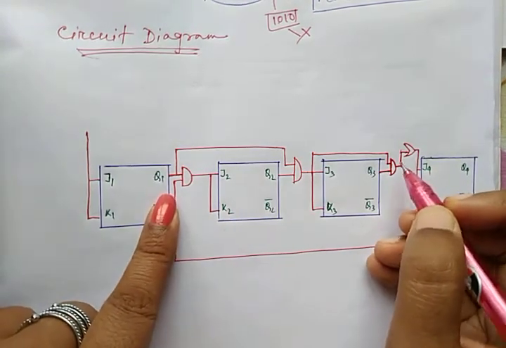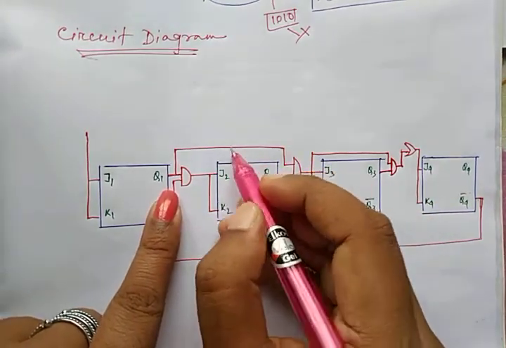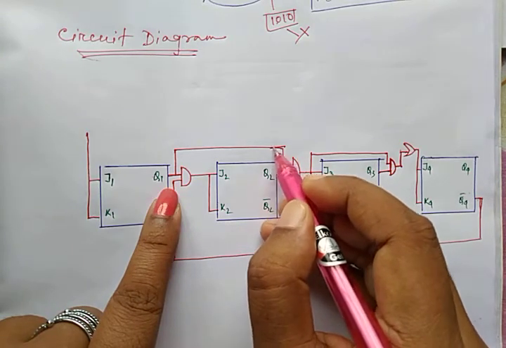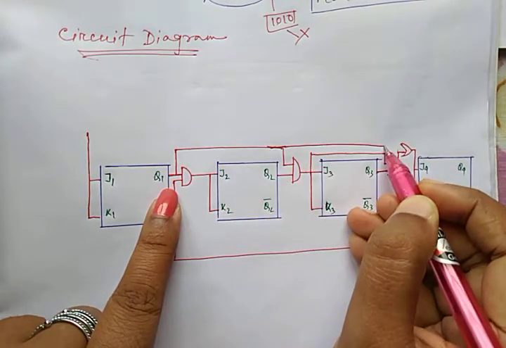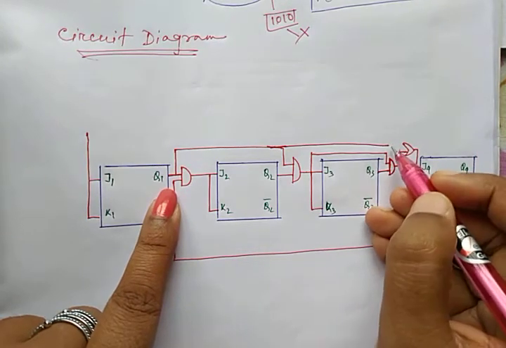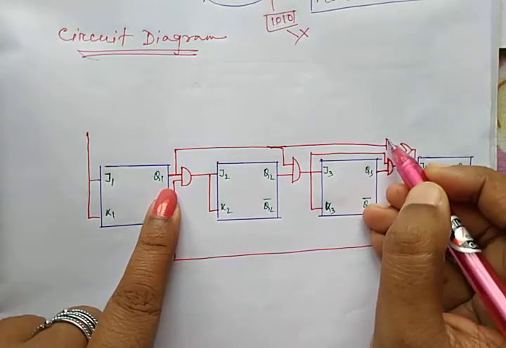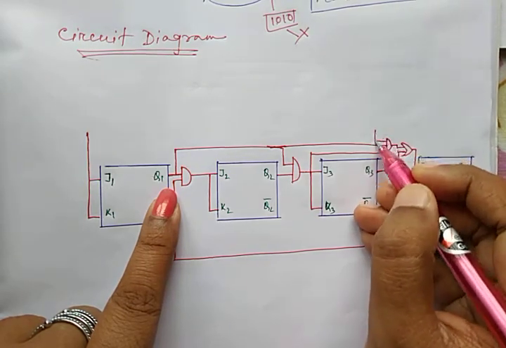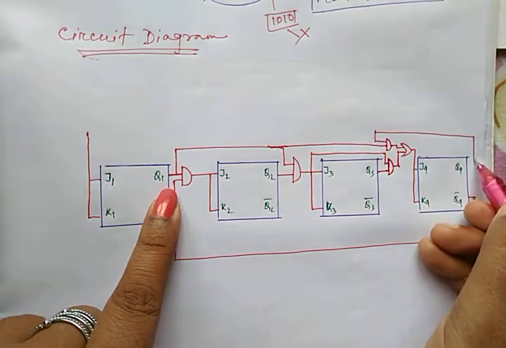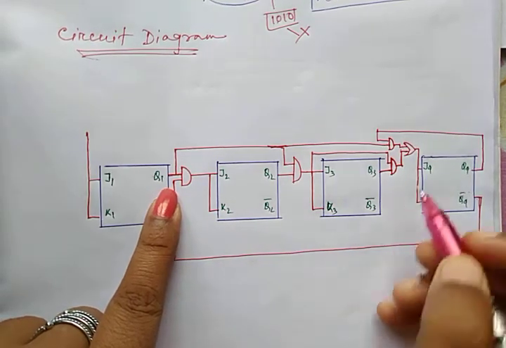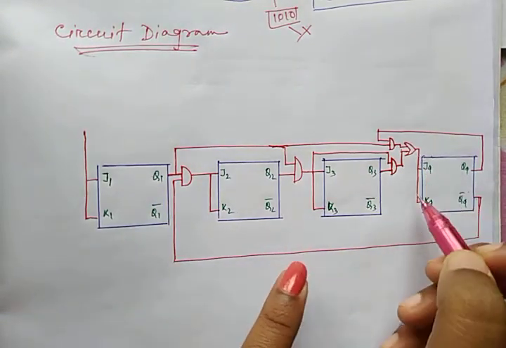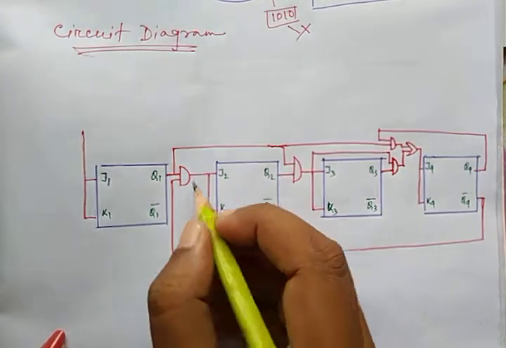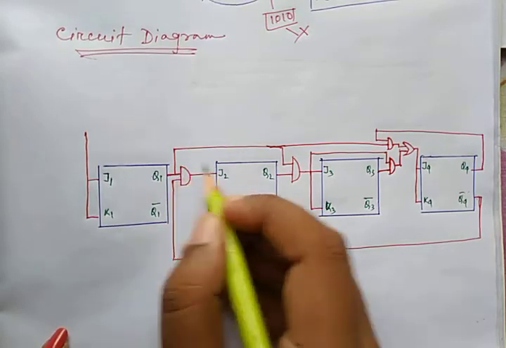And another input is, mind it, this is the Q1 input, and another one is Q4. So the last flip-flop's input must be two conditions. One condition is this, our Q1.